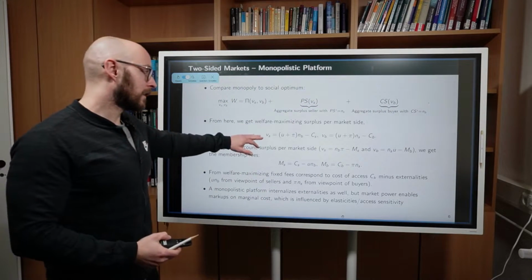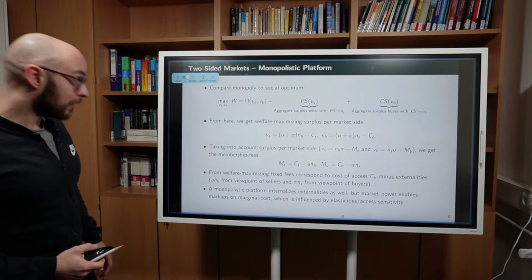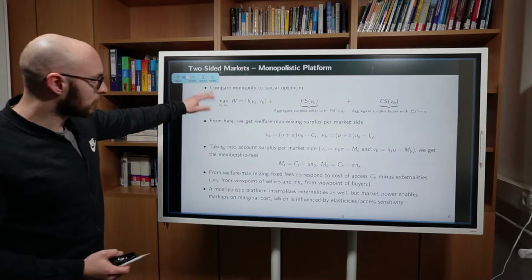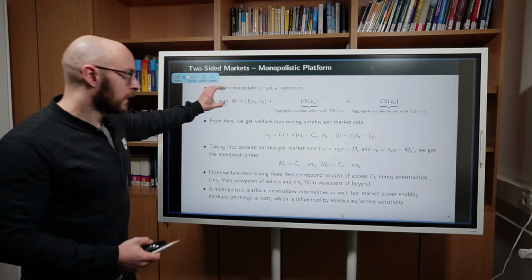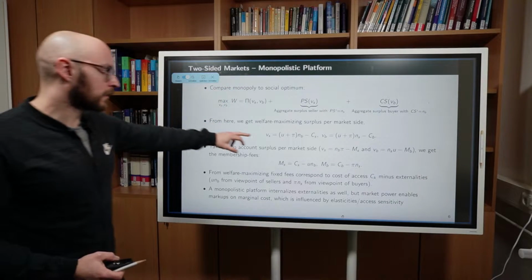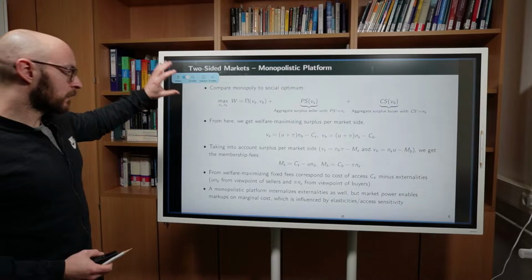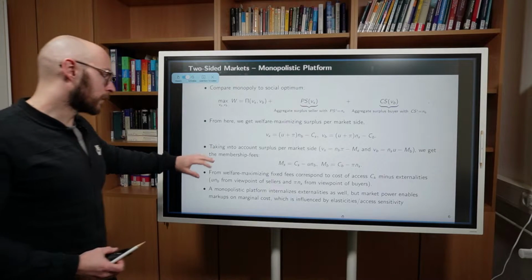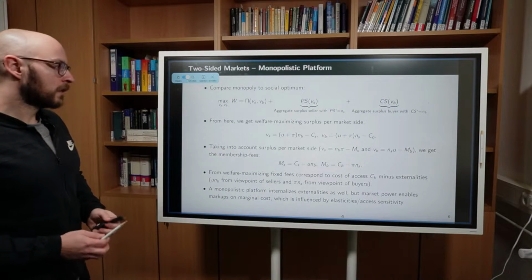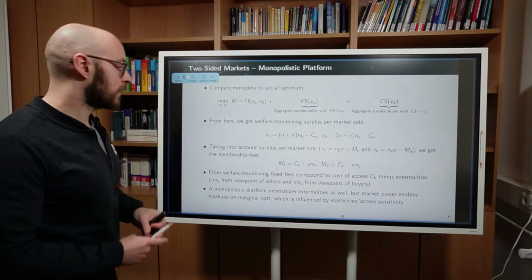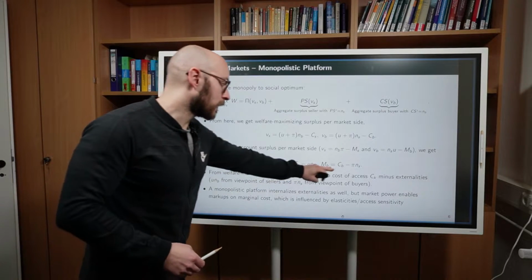So it will basically in equilibrium look something like this. If you solve that with respect to Vs and Vb and solve the system of equations, you get to this one. And if you then compute the equilibrium fixed fees on each market side, you get to these expressions here, right?